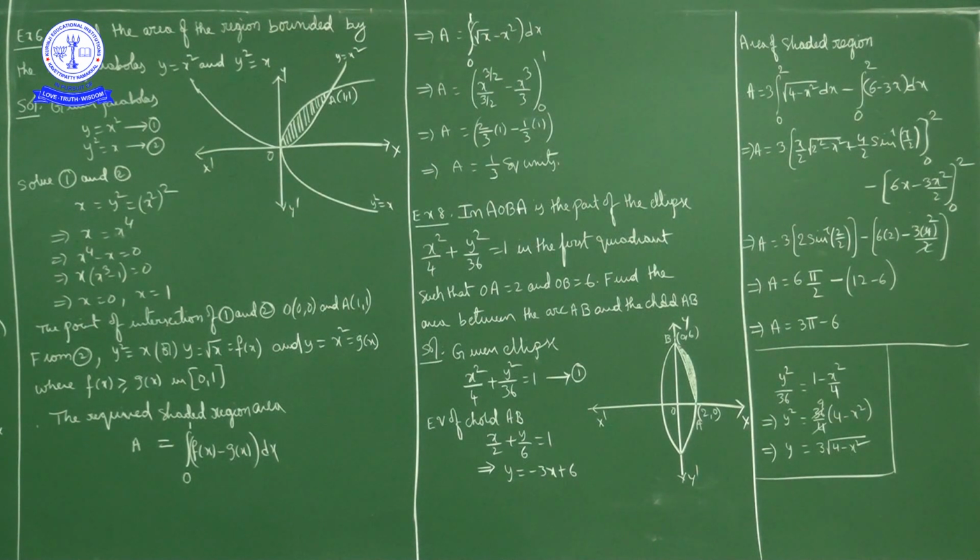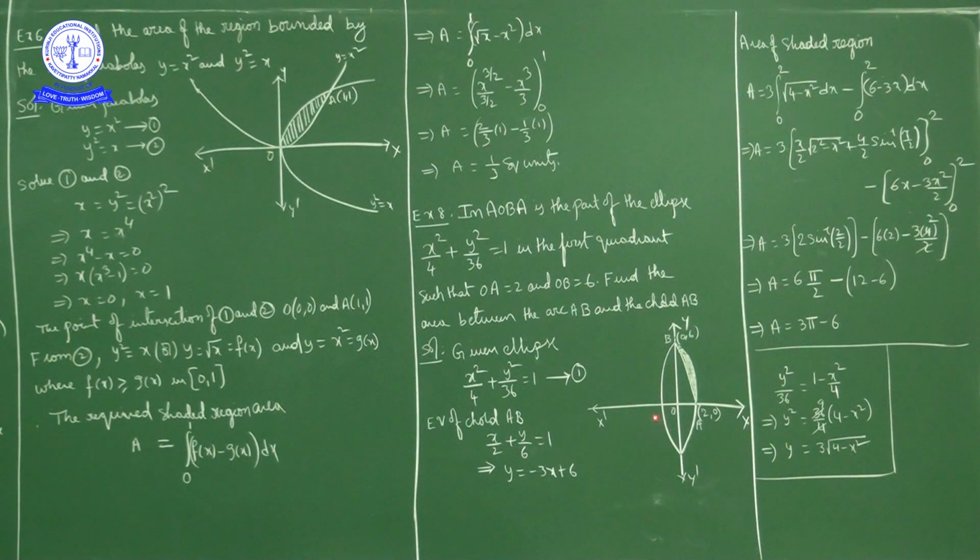Now first of all, what is the equation of the chord AB? Here the two endpoints of line segment AB are given, (2, 0) and (0, 6). When you know the x intercept and y intercept, the corresponding equation of the line is x upon x intercept plus y upon y intercept is equal to 1.